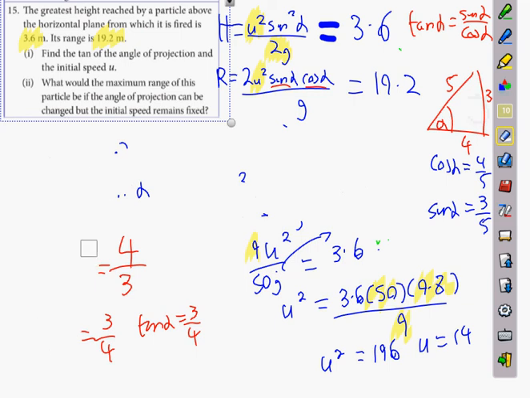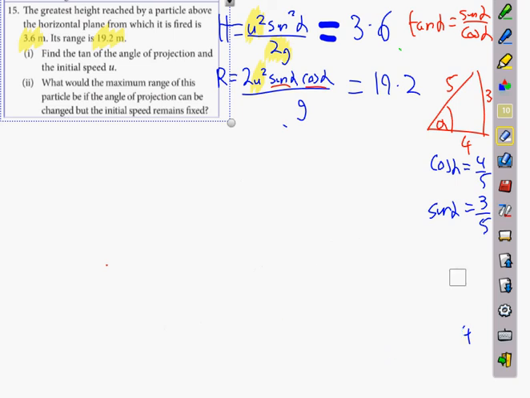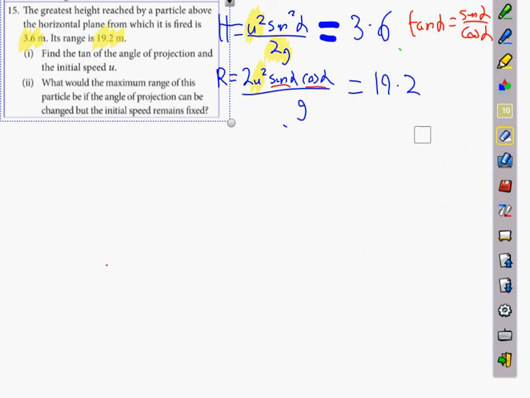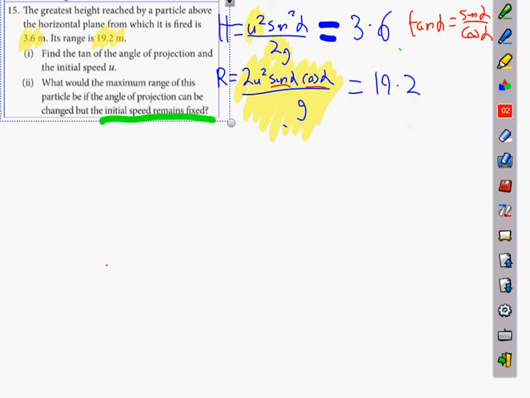Your range formula is written on the board there in yellow. Now in yellow it says that the initial velocity remains fixed. If the initial velocity remains fixed, it means the u value, the 2u squared, is a constant, can't be changed.